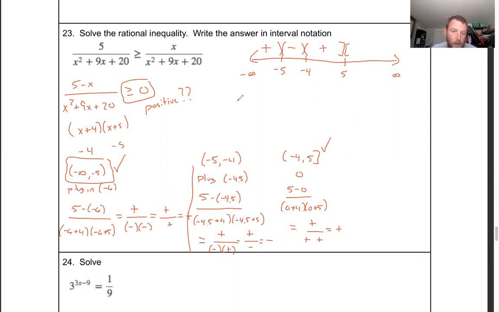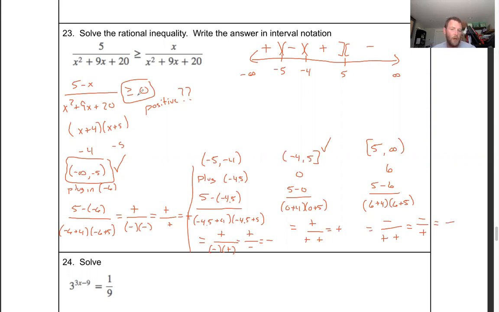That's a good one. Looking for greater than or equal to 0. The last one is 5 to infinity. I'm going to plug in 6. 5 minus 6 over 6 plus 4, 6 plus 5. It's negative on top. Positive, positive, positive, which is a negative.